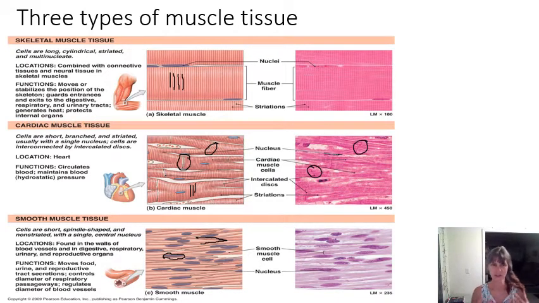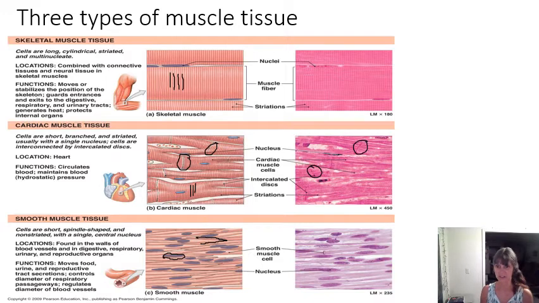Smooth muscle tissue is going to be found in the walls of hollow organs, such as blood vessels, the trachea, bronchi, the intestines, the stomach, the urinary bladder. So we see it in the walls of hollow organs throughout our body, except the heart, because that has special muscle tissue.